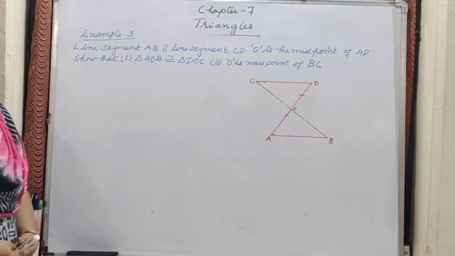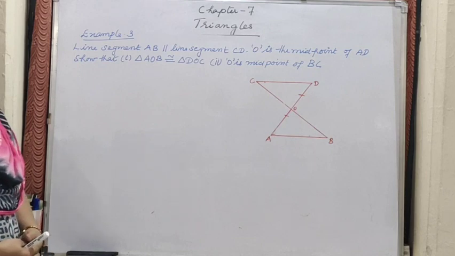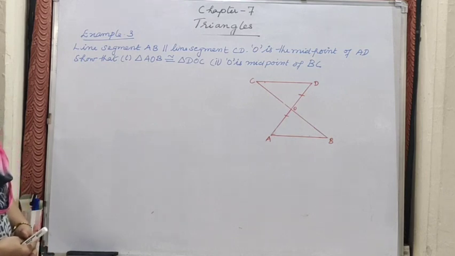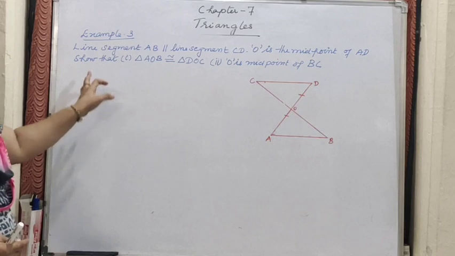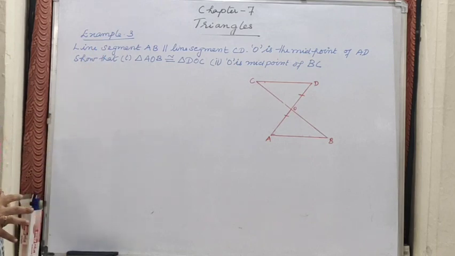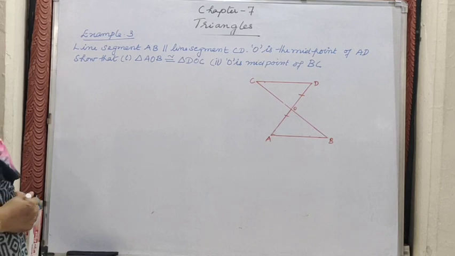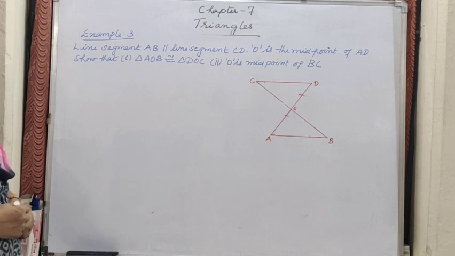Next example, example 3. Line segment AB is parallel to line segment CD. O is the midpoint of AD. Show that triangle AOB is congruent to triangle DOC, and we also have to show, as the second part, that O is the midpoint of BC.